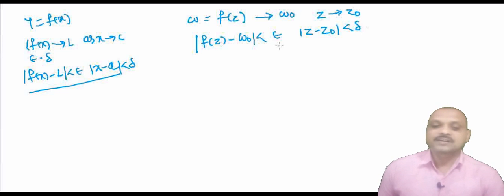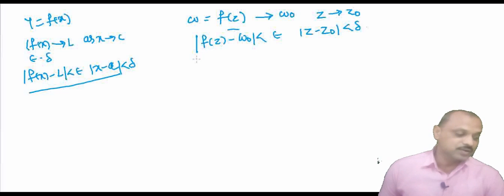You can see that instead of f of x we have just taken f of z, and all other symbols are the same; z is used for a complex number, and therefore we have taken z instead of x. Okay, so this is the simple definition of a limit, and we now write the definition of limit.